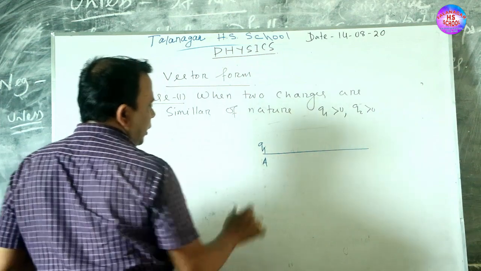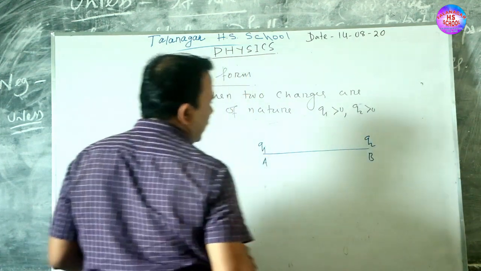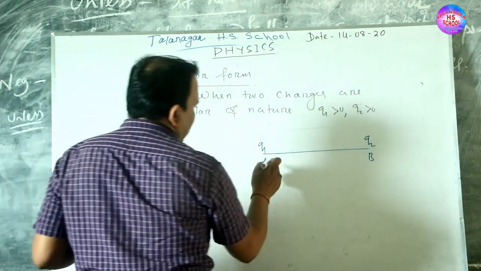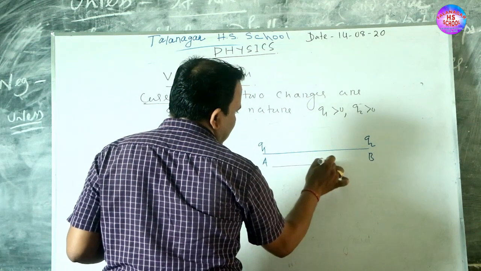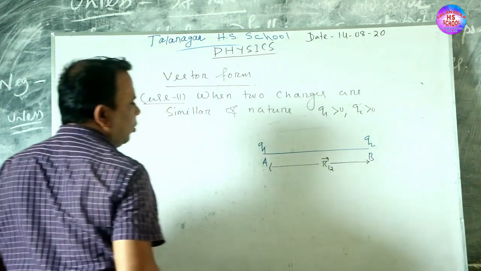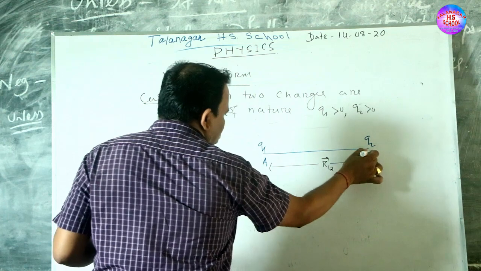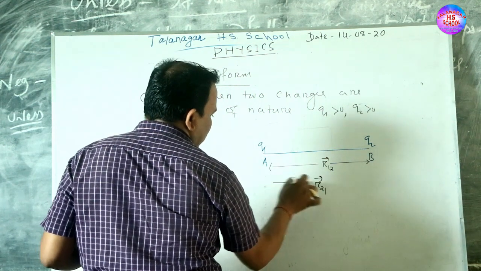Let a charge Q1 be placed at the point A and another charge Q2 be placed at the point B. If the line joins the two charges, the distance R12 is the displacement from charge Q1 to Q2, and the displacement from Q2 to Q1 is R21.